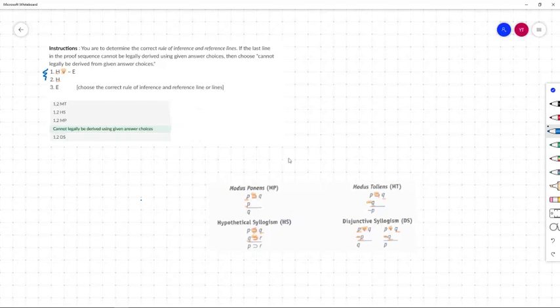So now when we start to fish around either in our brains, because we know the rules well enough that we can just do it in our brains, or we're actually comparing to the specific rule sheets, we say, okay, look, it's not a match for modus ponens. Oh, look, it's not a match for modus tollens either. And it's not a match for hypothetical syllogism.